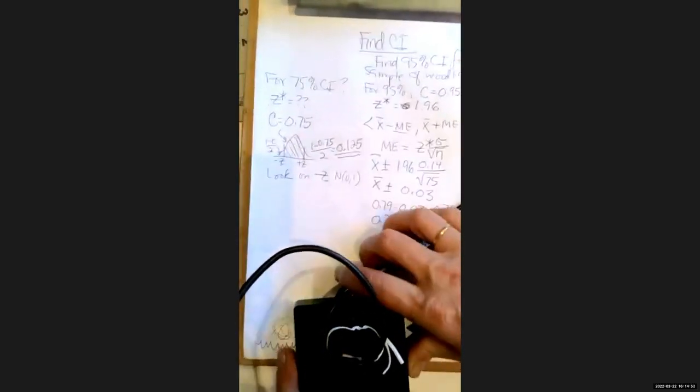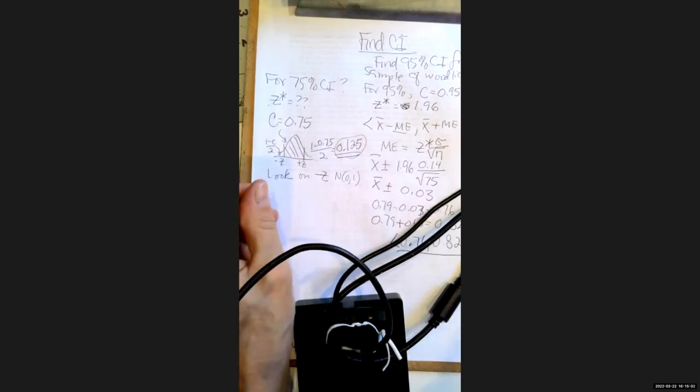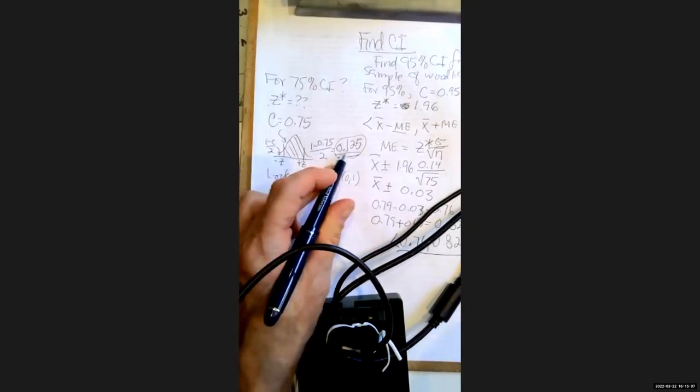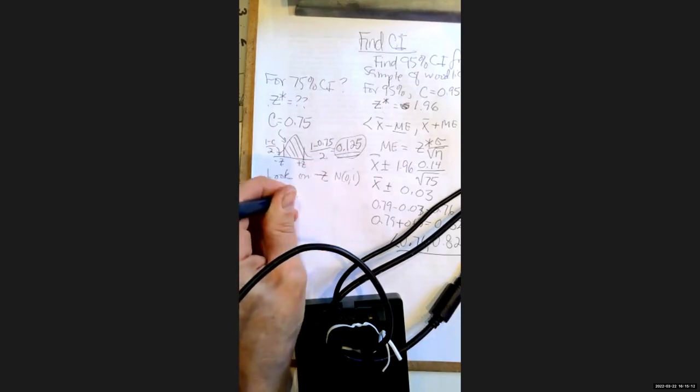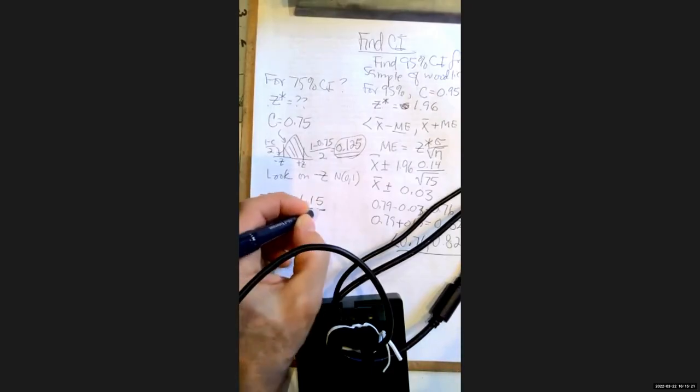You're going to find this value 0.125 in the table, or as close as you can, and you're going to go to the left and to the top, and you're going to find the value of little z that makes the value in the table be 0.125, right? And that is 1.15, right? Remember, this part of the number is in the far left-hand column, and this one is in the row at the top, okay?